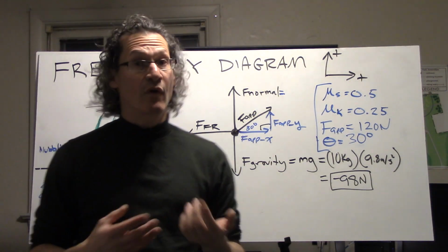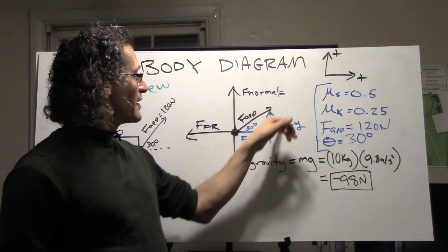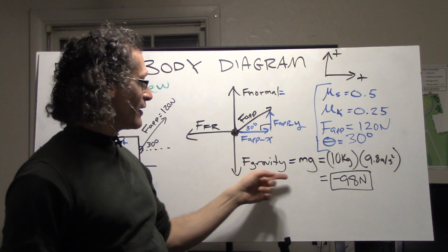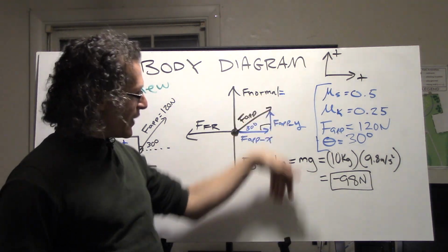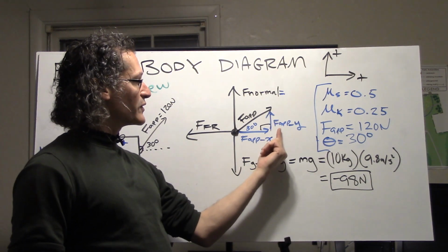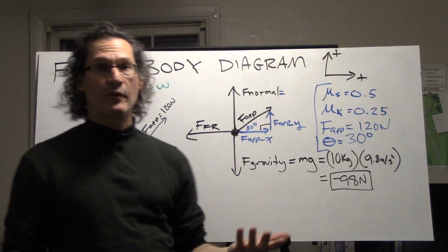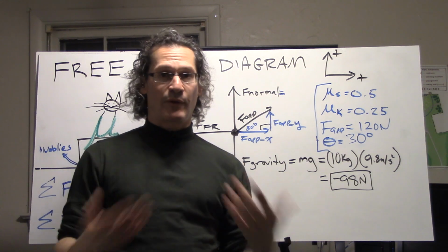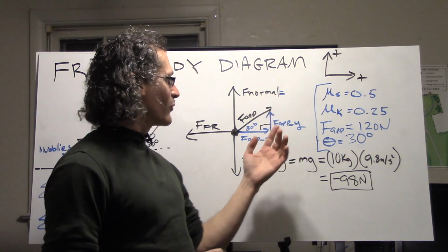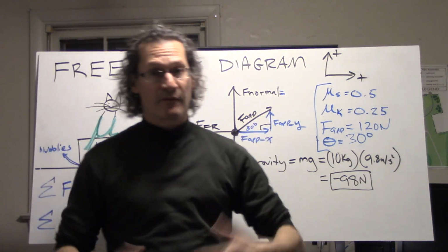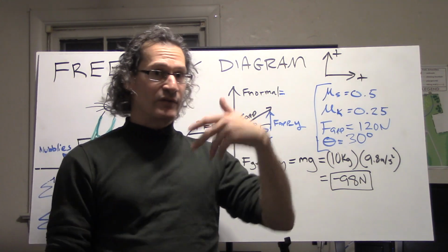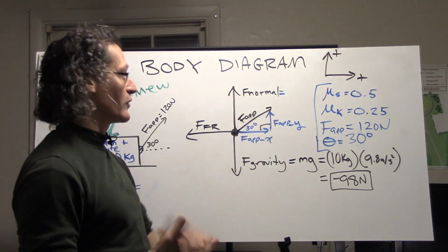So force normal is affected because it's not the weight of the system any longer. It's going to be the weight, but some of that weight is being removed because the force applied y is in the upward direction. So if you remember the bathroom scale demonstration, notice that if there's an upward force pulling the system up from that surface, Newton's third law says less force is going to be applied to that surface in response, so force normal will go down.